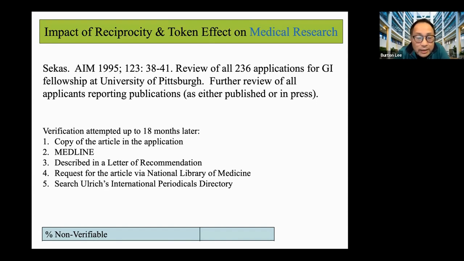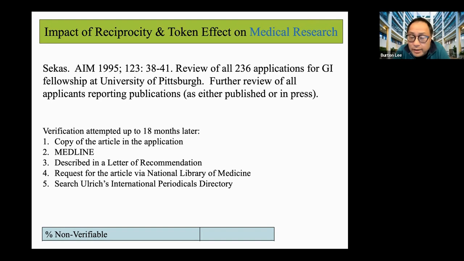Then they hired a librarian to do a Medline search, and of course, if it was on Medline, that was confirmation that yes, this person did indeed publish it. If a letter of recommendation said that they published it, they took that as proof as well. And then they did some more exhaustive searches through the National Library of Medicine and something called the Ulrich's International Periodicals Directory.